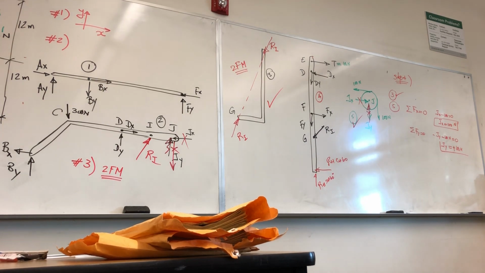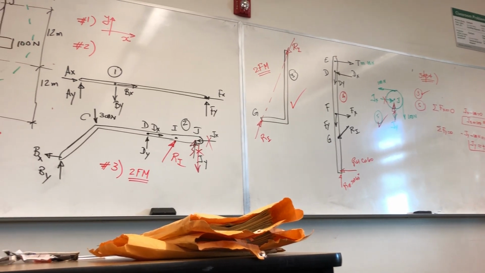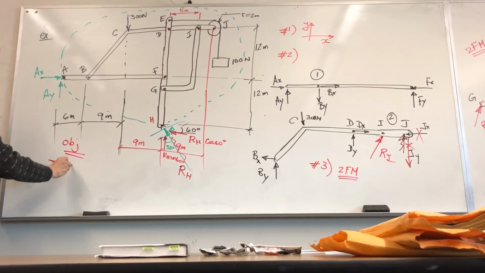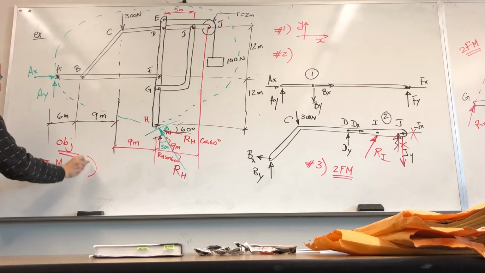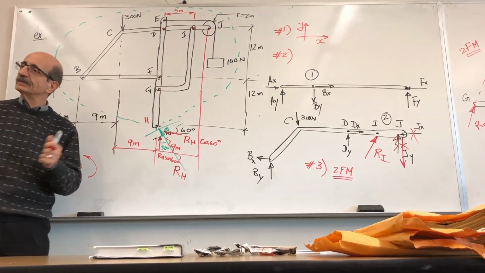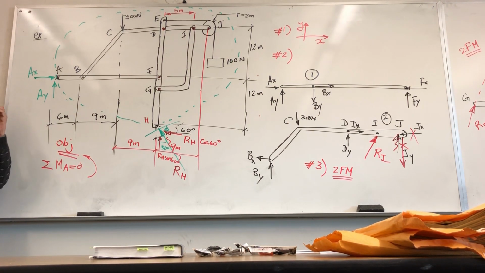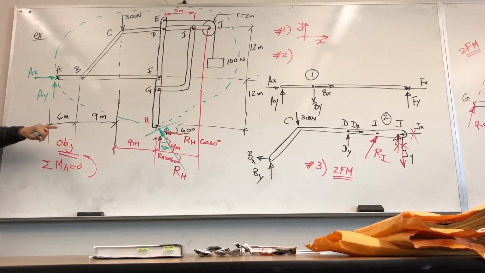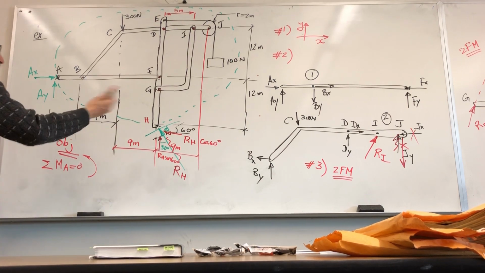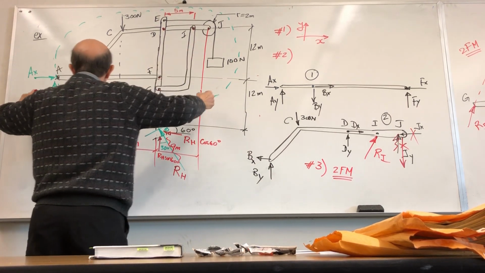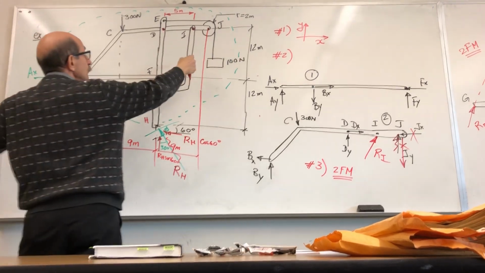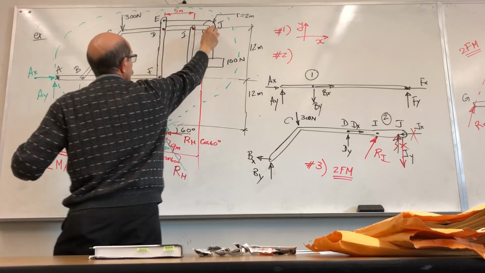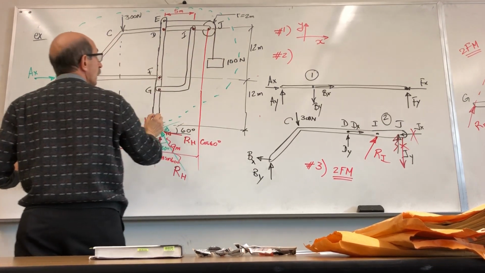So I'm going to come here. And what do I do? I will take summation of moments about A is equal to 0. All those good things we had learned about applying equations of equilibrium still hold. Take summation of moments about the point with 2 unknowns to get rid of them, so I have only 1 unknown left. So let's do that. I have 1 force here. The distance is what? This is 2. This is given as 2, right? This is 9.